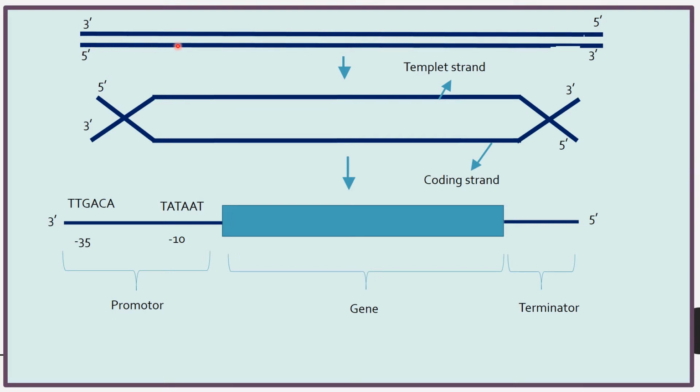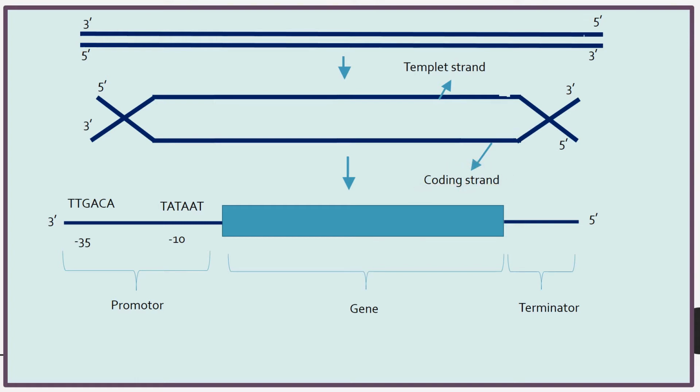It is running from 5' to 3' direction. During the process of transcription, the two strands will open. Here you can see that this strand which is running from 3' to 5' direction is acting as the template strand, while the second strand which is running from 5' to 3' direction is the coding strand.